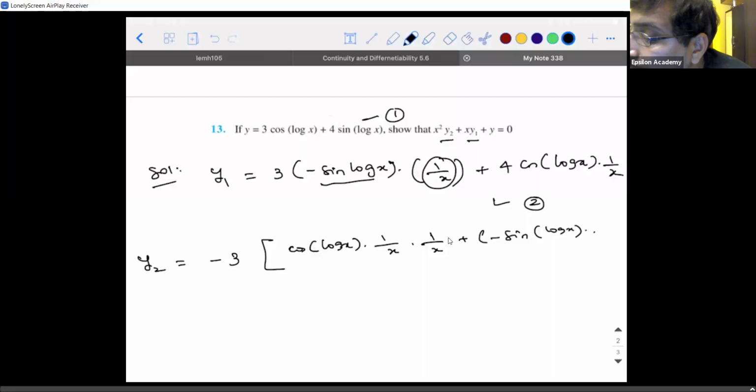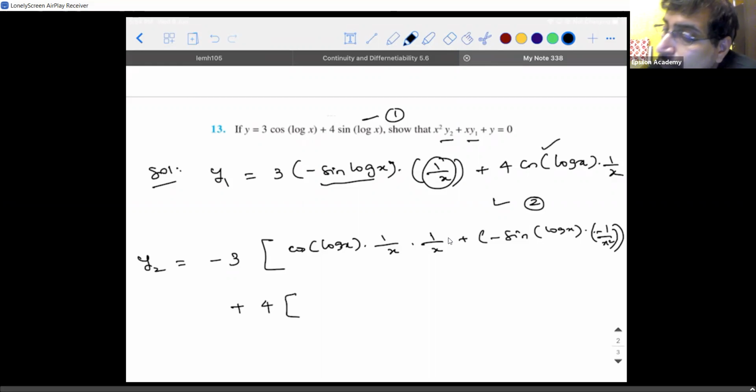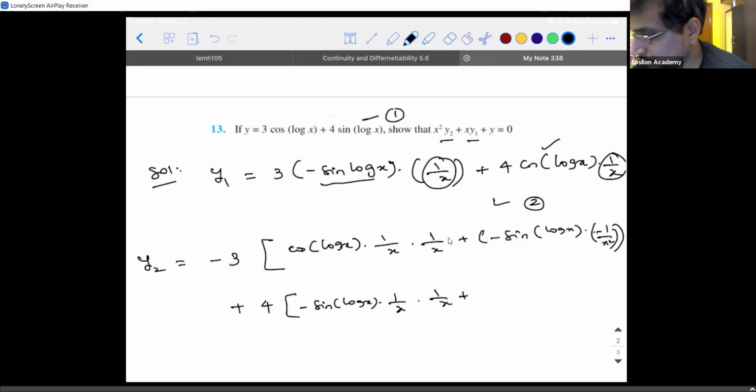It is minus 1 by x square. So yeah, plus 4 into, what is the derivative of cos of log x? Minus sine of log x into 1 by x, into, you already have a 1 by x here, plus cos of log x into derivative of 1 by x, which is minus 1 by x square.